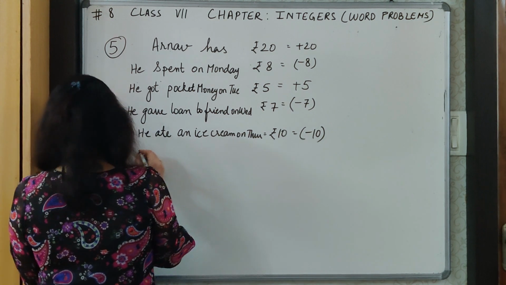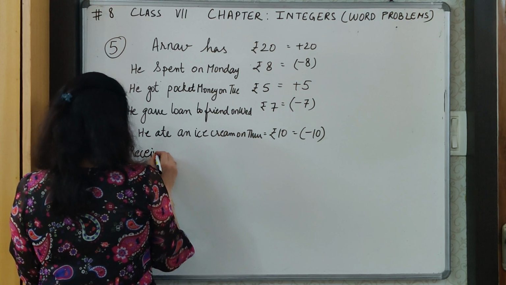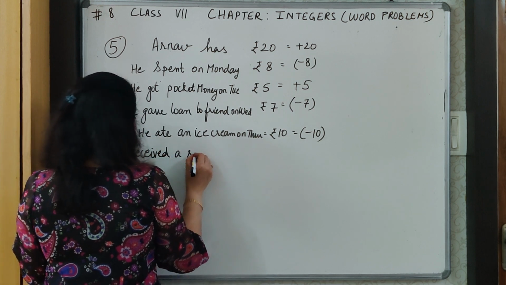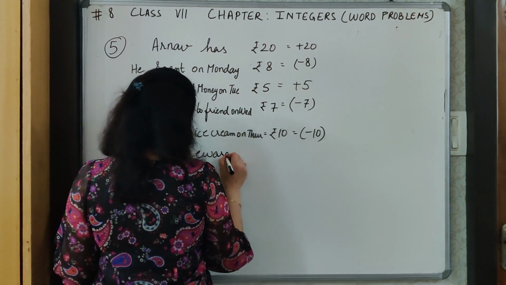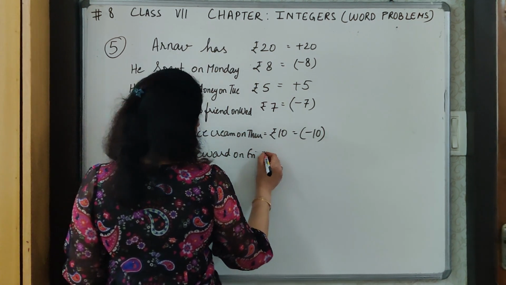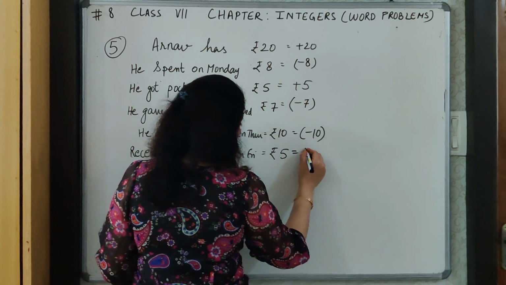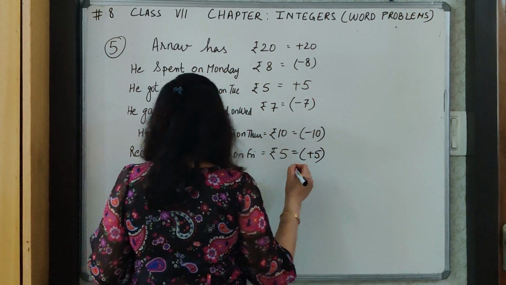Then he received, he is getting a reward on Friday, and how much reward is he getting? He is getting a reward of rupees 5. This he is getting, so this will become plus 5.